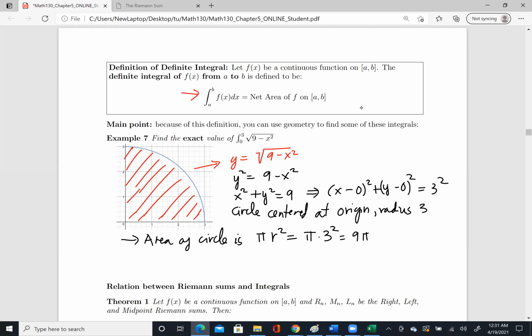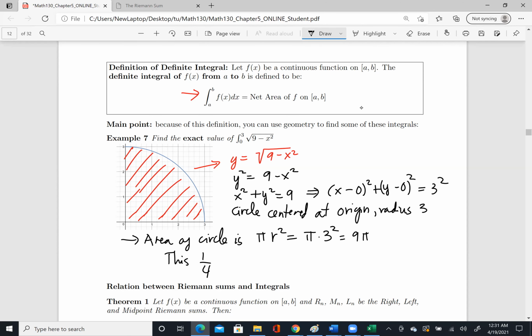And for this area, we know that it is 1/4 of the circle.